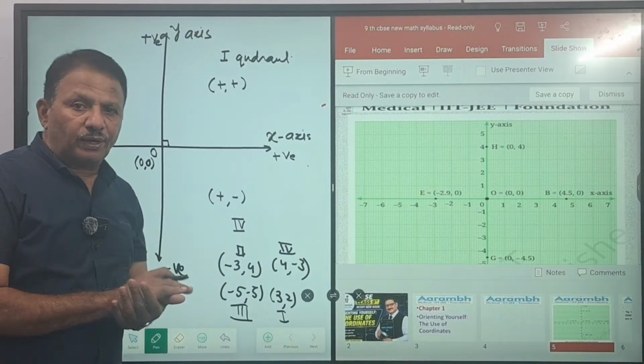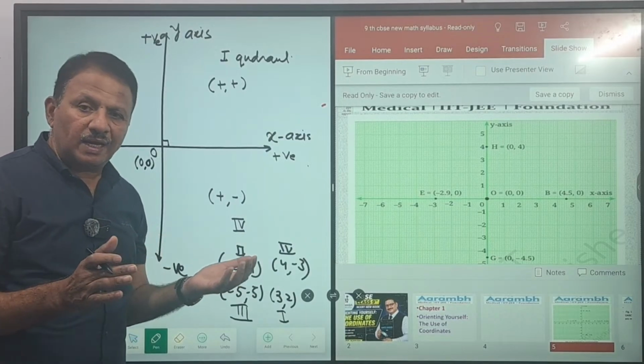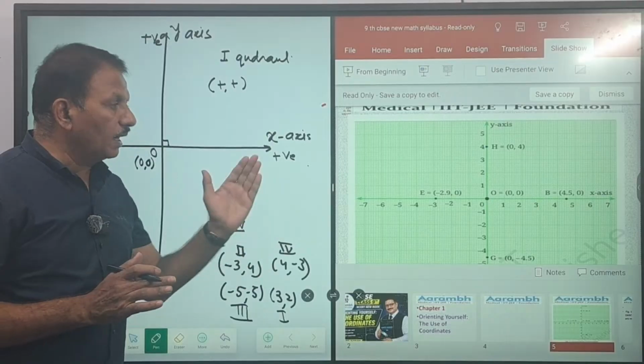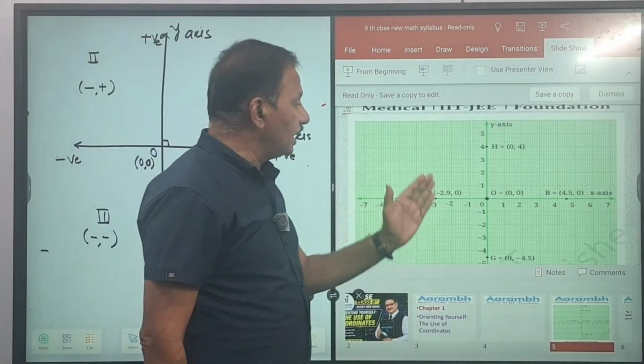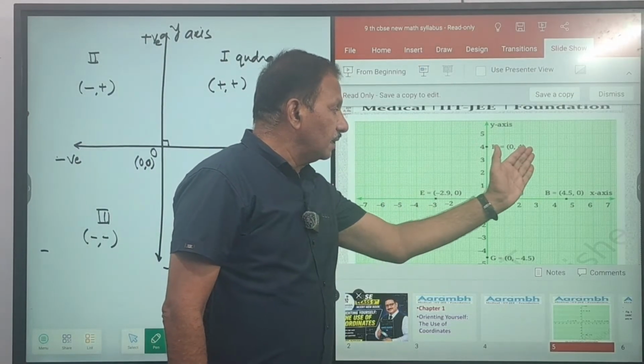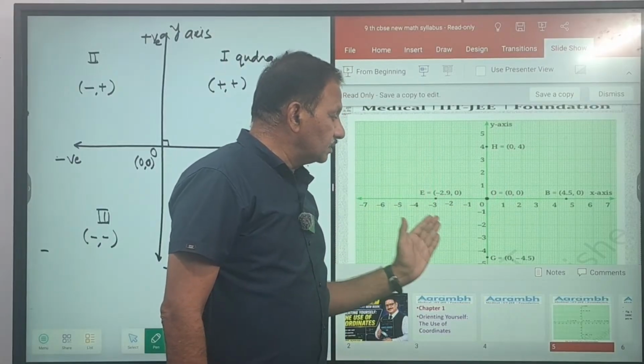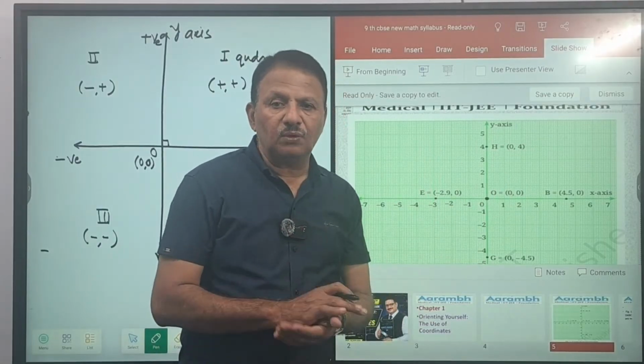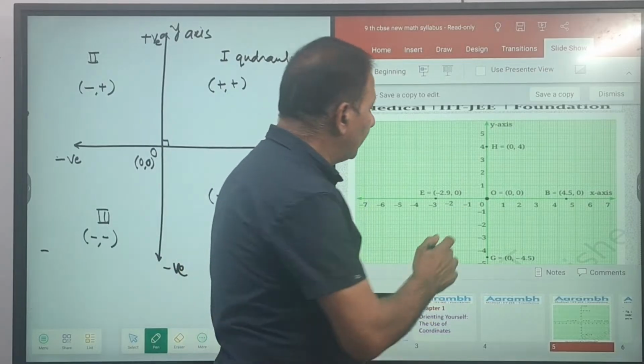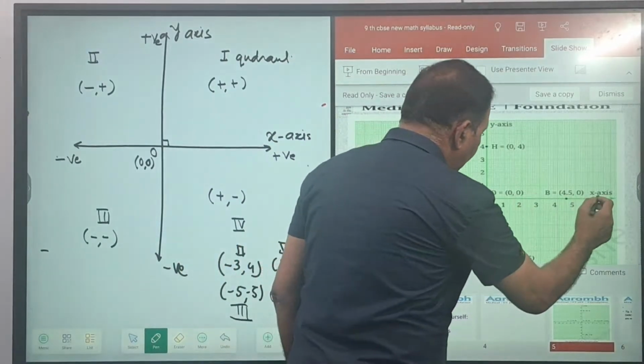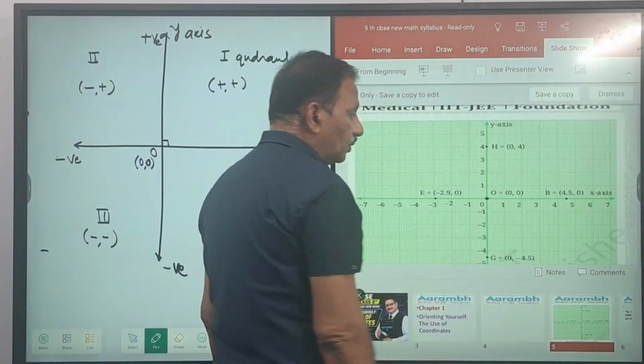But there are some points which do not lie in the first, second, third, or fourth quadrant. वो क्वाड्रेंट में नहीं होते, तो ऐसे पॉइंट्स हमारे या तो x एक्सिस पे होंगे या y एक्सिस पे होंगे.